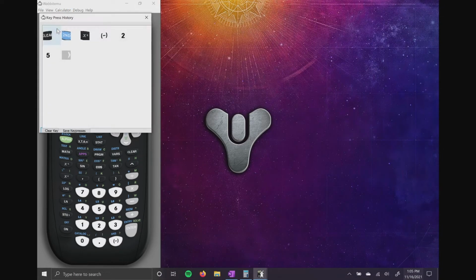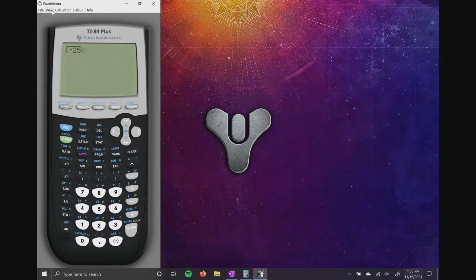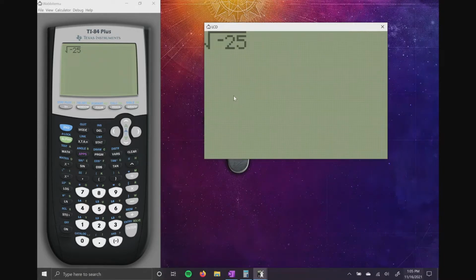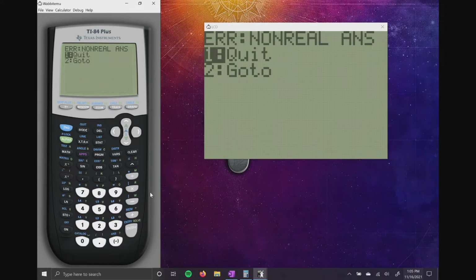I'm trying to see if I can make the screen bigger. Oh, look at that. Isn't that beautiful? So square root of negative 25. If I hit enter, it says error, non-real answer. And that's exactly what it should say, because negative numbers are not allowed to be underneath the radical sign.